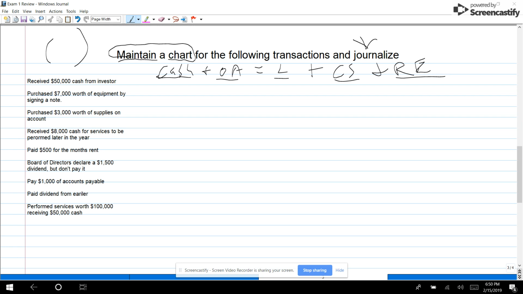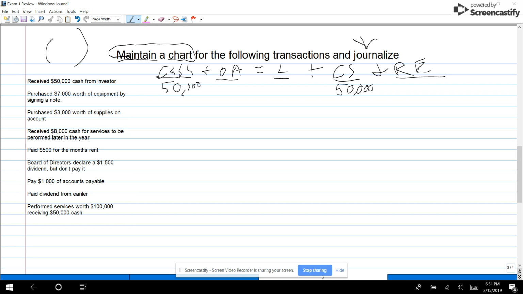All right, so receive 50,000 cash from an investor. Obviously we're getting cash. Reading is important in accounting. We say received 50,000 cash from an investor, so it's common stock. As we do these, we should label them as operating, investing, or financing.